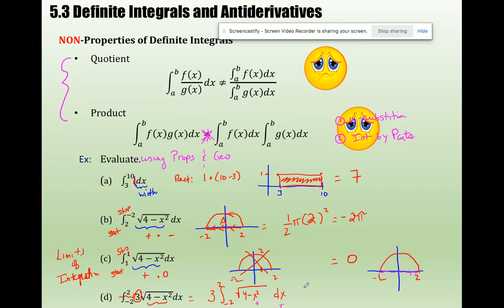It's the entire semicircle. So it is pi r squared over 2 times what? Wow.